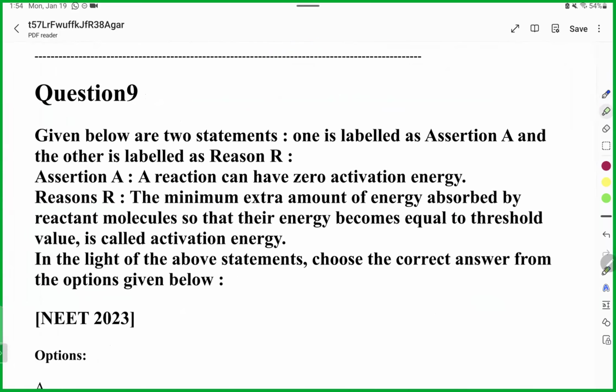Next, who is left? Chandana. A reaction can have zero activation energy. No, sir. Reason? Minimum extra amount of energy absorbed by the reactant molecule so that energy becomes equal to the threshold value is the activation energy.